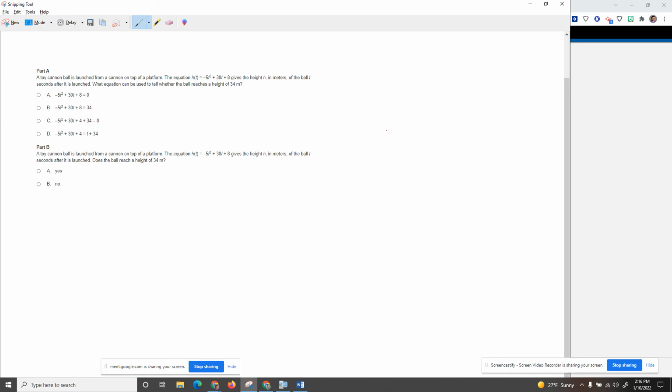You're first going to write the equation. So negative 5t squared plus 30t plus 8 equals h of t, we're going to substitute in that 34. So you have the equation of something getting thrown, launched, whatever. So ball, rocket, whatever.